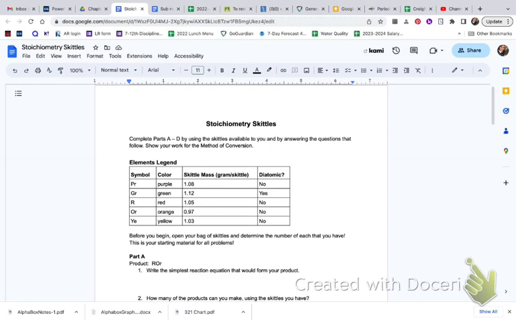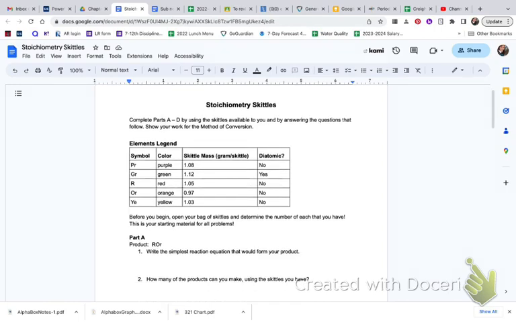So let's use our example of 13 red Skittles. And you can see here on the table that the Skittle mass is 1.05 grams for every Skittle you have.